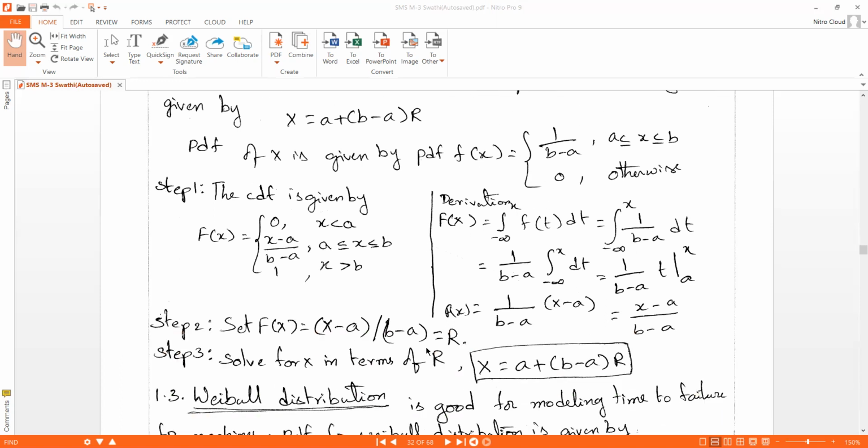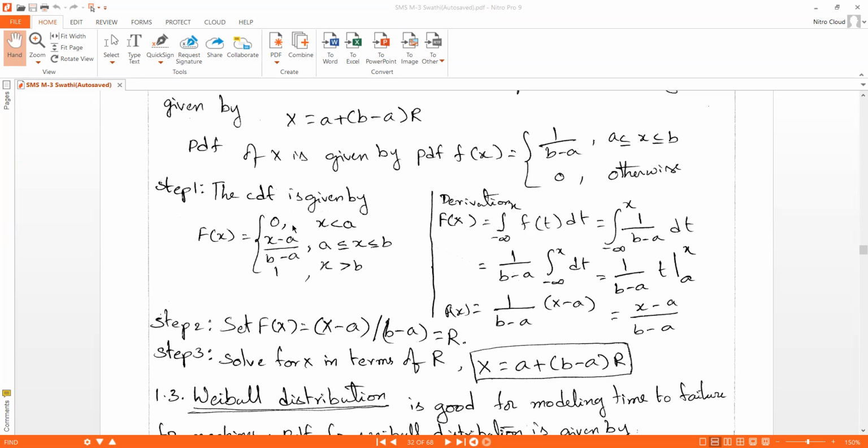Now, the CDF is given by f of x equal to 0 when x less than a, and f of x equal to x minus a by b minus a when a less than or equal to x less than or equal to b. That is the CDF. And f of x equal to 1 if x is greater than b.